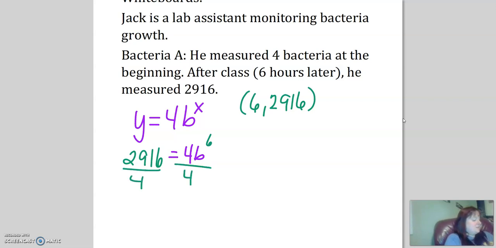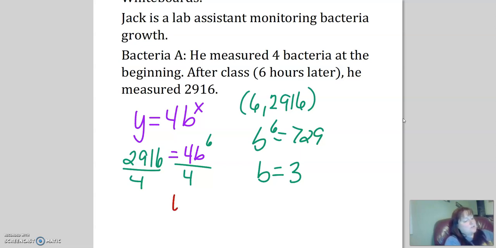And we get b to the 6th equals 2916 divided by 4, which is 729. So b to the 6th equals 729. And then we raise that to the 1/6 power to undo the 6th. Okay, so the 6th root of 729 is 3. Ooh, that's handy. So b equals 3.